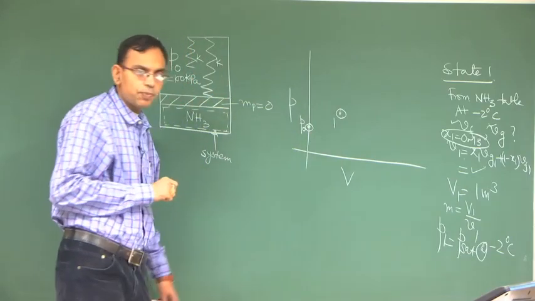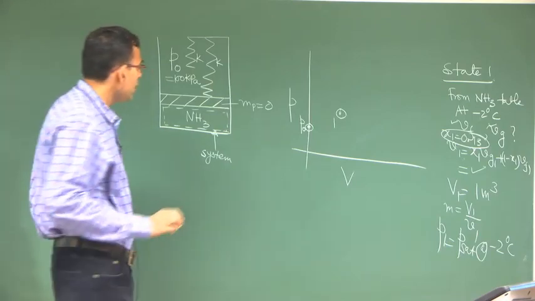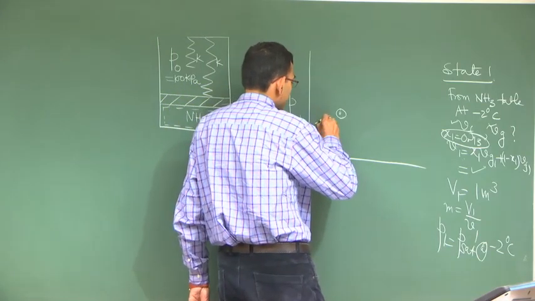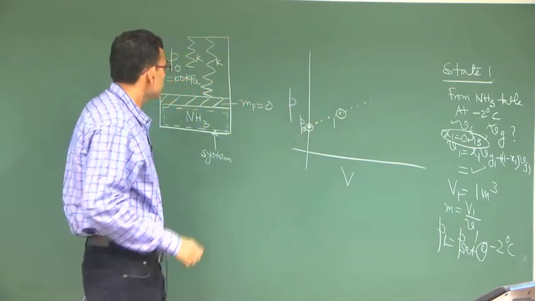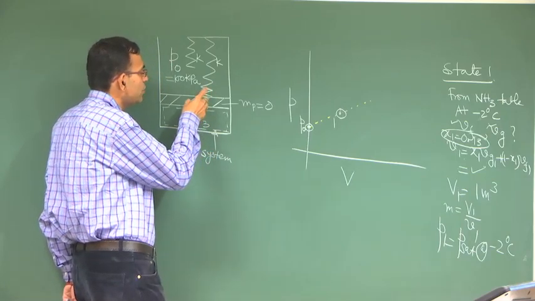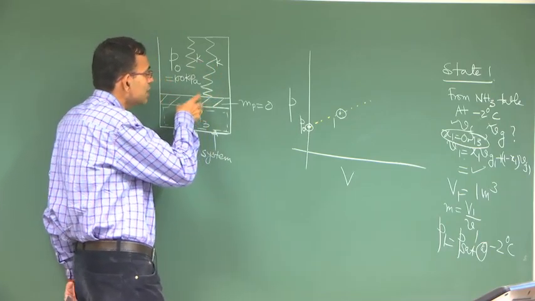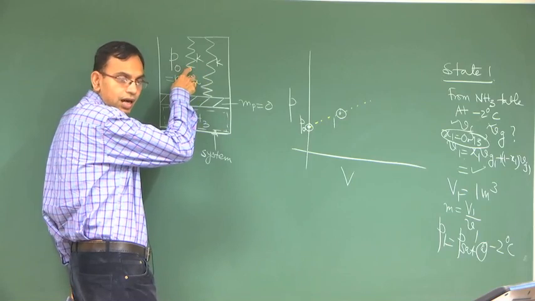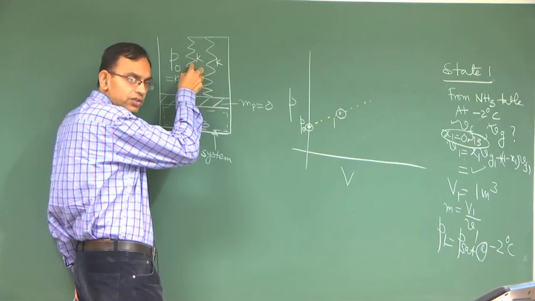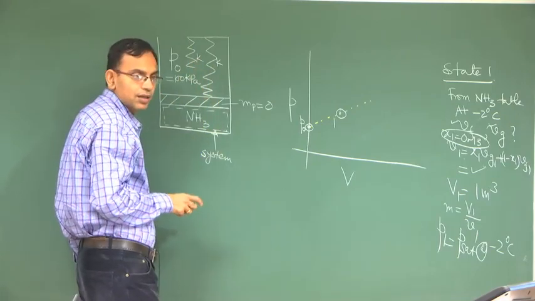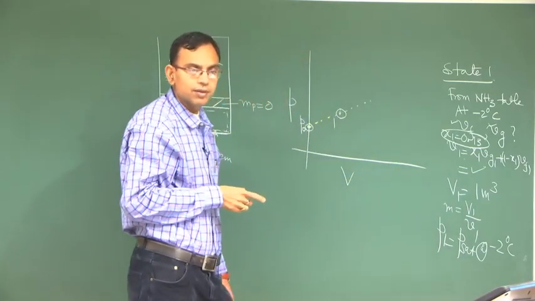Once you know state point 1, you know the locus, which will be this straight line, which will continue up to the point when the piston touches both the springs, because when it touches both the springs the restoring force will double. Earlier the restoring force was related to this spring only, but when it touches this spring also the restoring force will double, and because of that the slope of the PV diagram will also double.